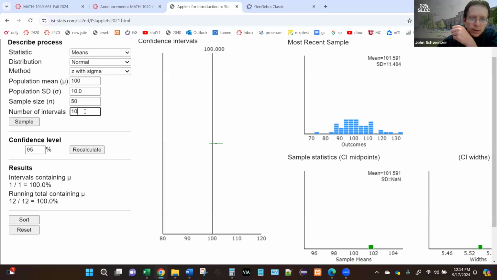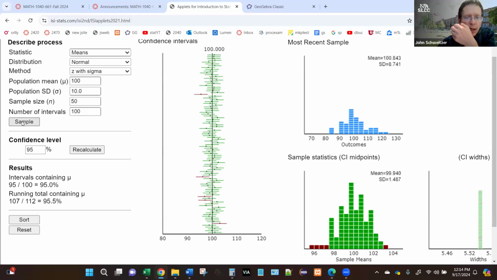So let's make this a little bit faster here. Let's do 100 samples. From each sample, we'll calculate a confidence interval, and then we'll see if the confidence interval captures the parameter. The parameter again is 100, and we have 100 confidence intervals.